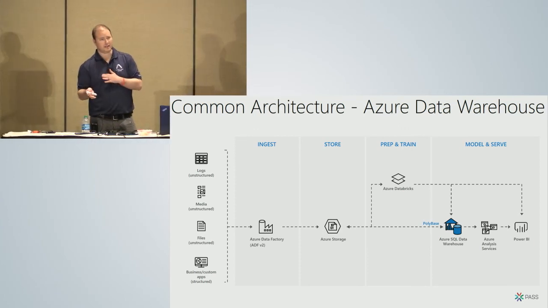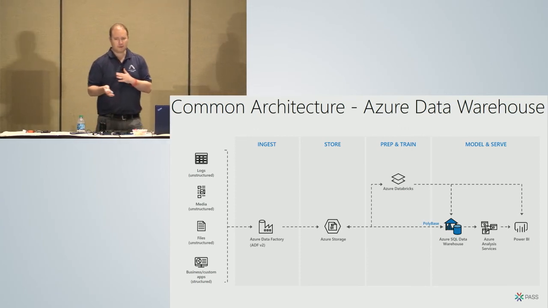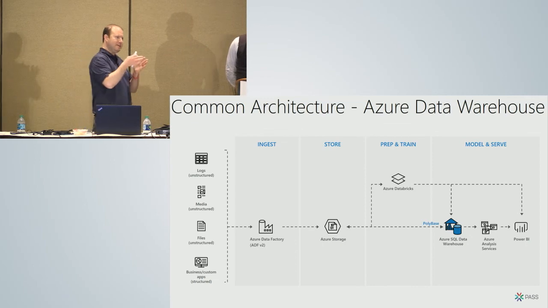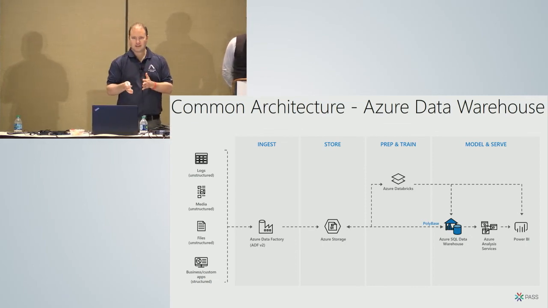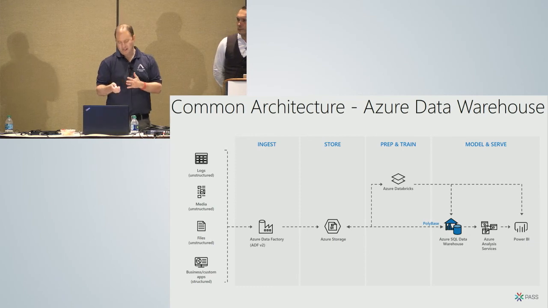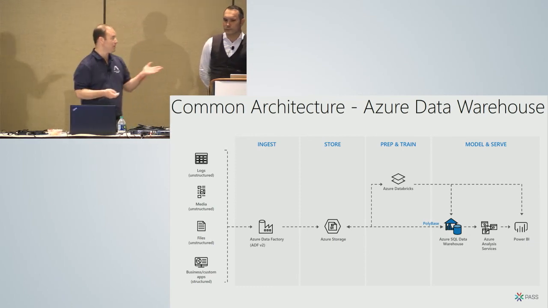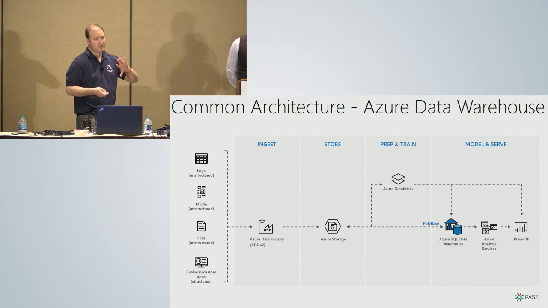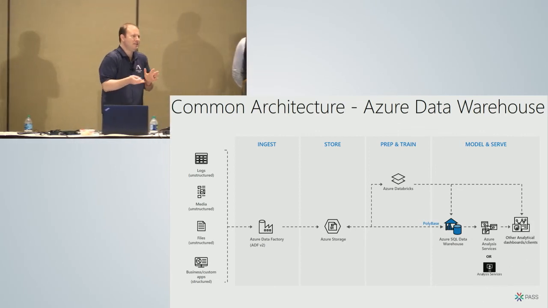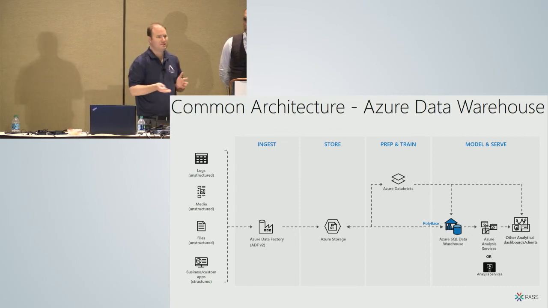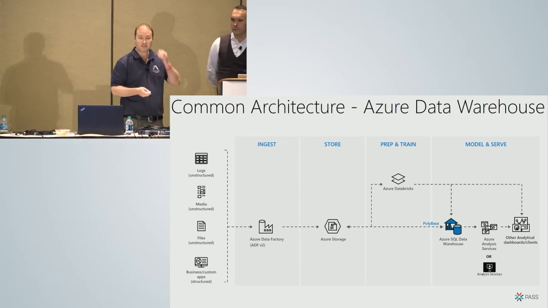On the client side, for concurrency and low latency SLAs, we've seen Azure Analysis Services, and then ultimately you can have Power BI. With a number of customers, and John will talk about this a little bit more in terms of the analysis services considerations, some data models just don't fit into Azure Analysis Services, so we've used Analysis Services in a VM there.